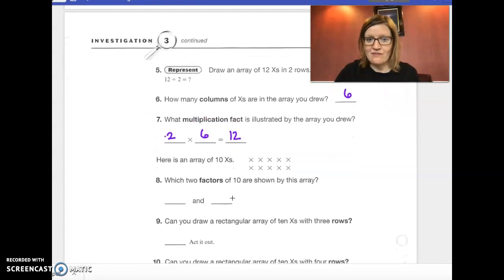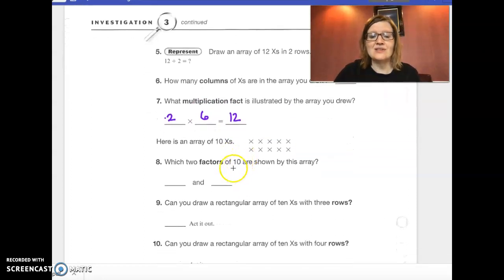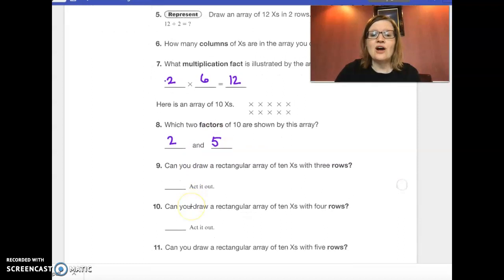Here we have an array of 10 x's. Which 2 factors of 10 are shown by this array? We know that one of the factors is 2, and we know that the other factor is 5. Can you draw a rectangle array of 10 x's with 3 rows?